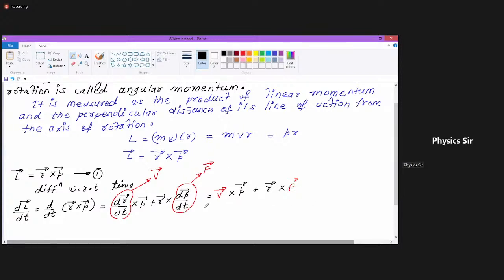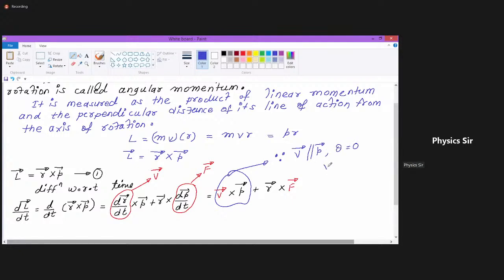Now what is vector v cross vector p? The direction of the velocity and the momentum are always the same, so the angle between them is zero.